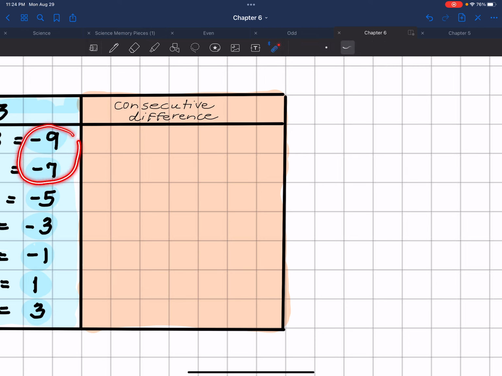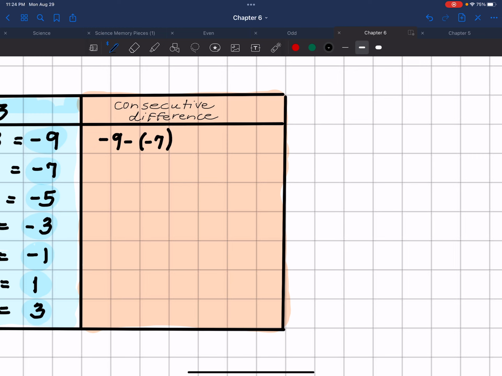I'm going to take the negative 9 and the negative 7. They have to be side by side. I can't do negative 9 and negative 1 because they're not side by side. They must be consecutive. So I'm going to say negative 9 minus negative 7.